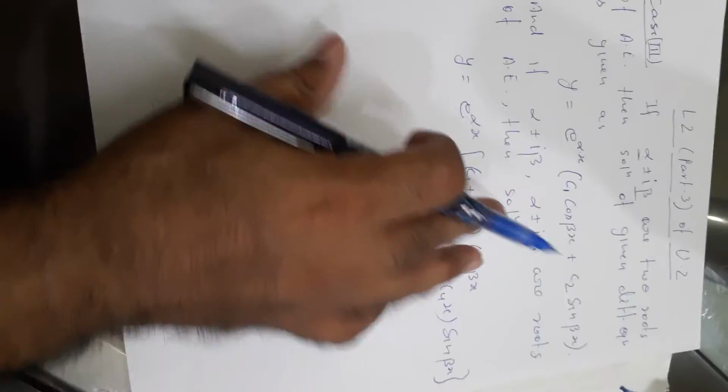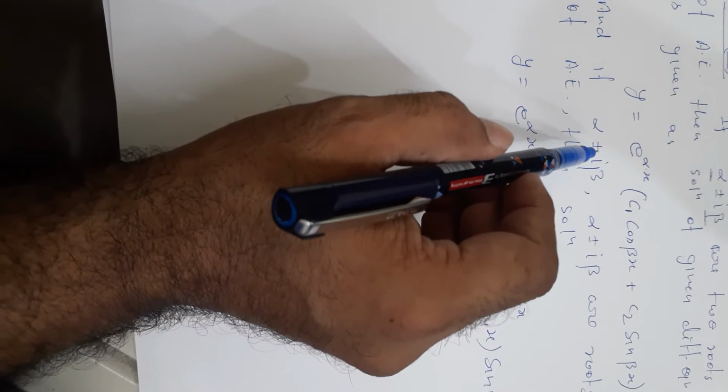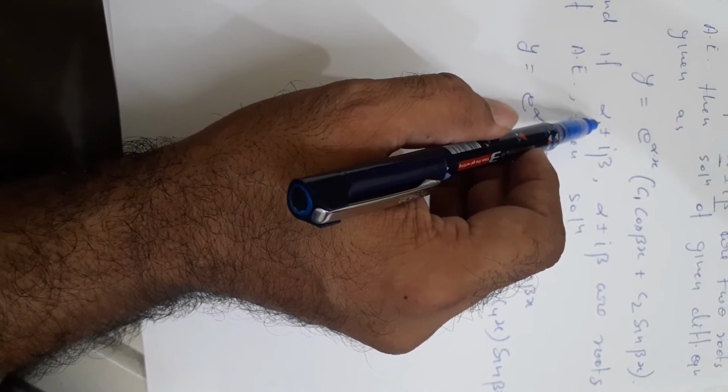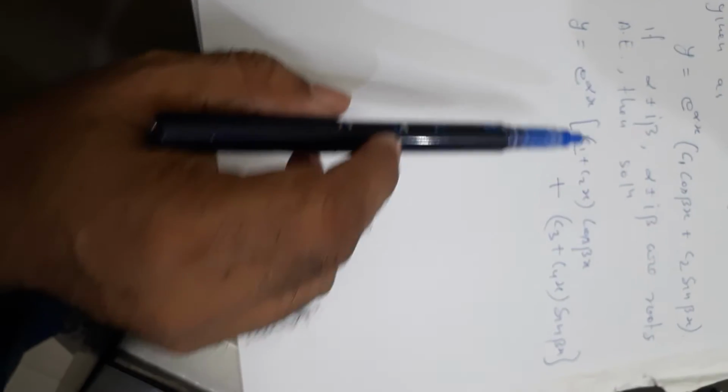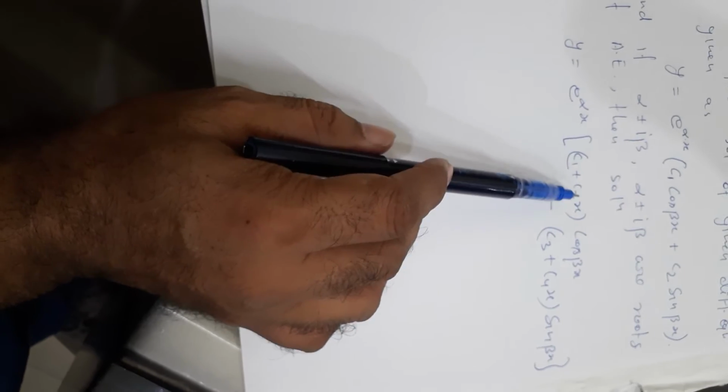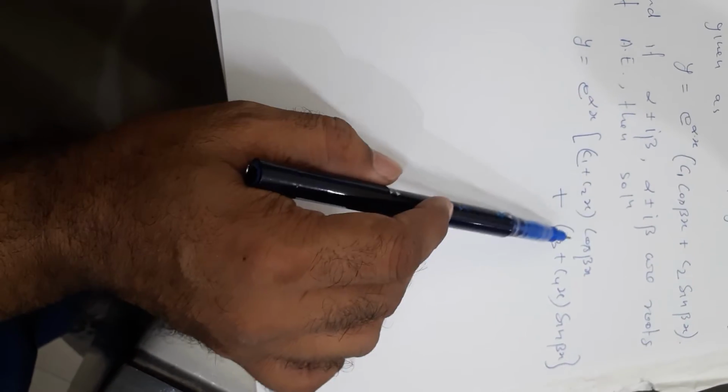Here the total roots of the auxiliary equation are 4, so the general solution has 4 arbitrary constants: c1, c2, c3 and c4.